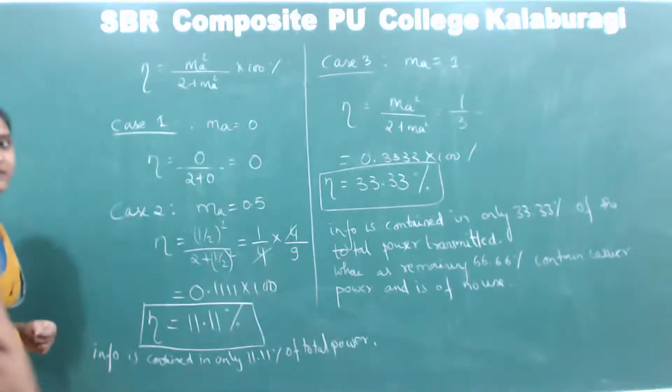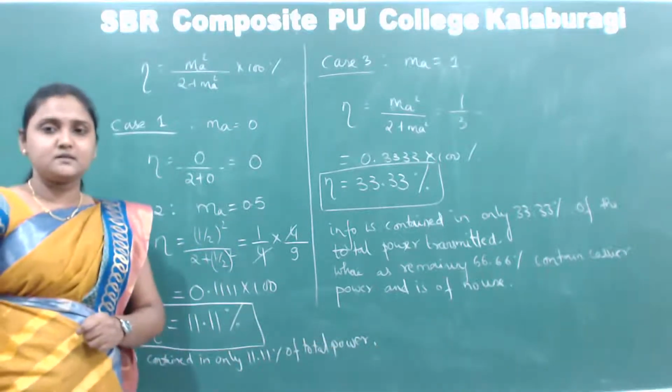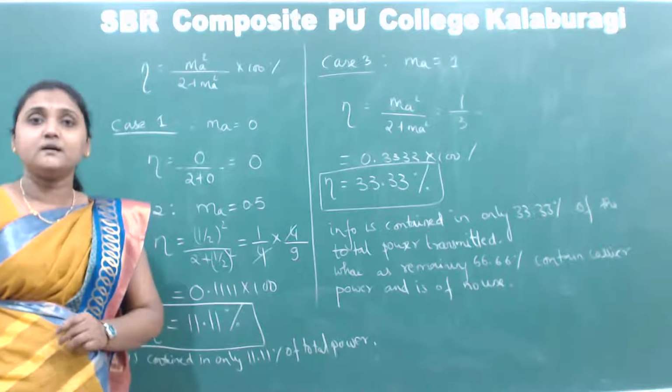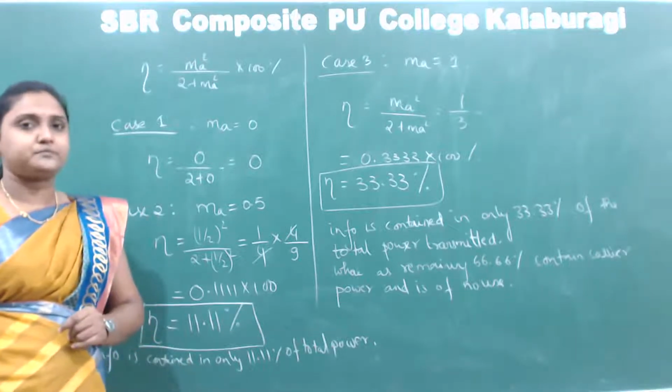So out of the total power, only 11.11% has the actual information.